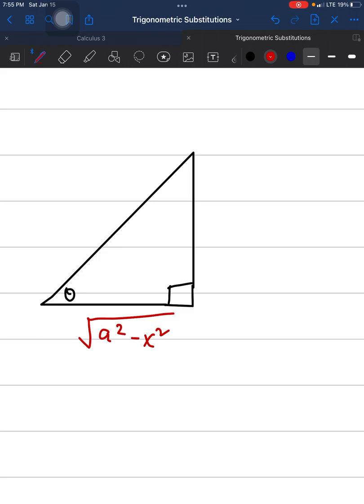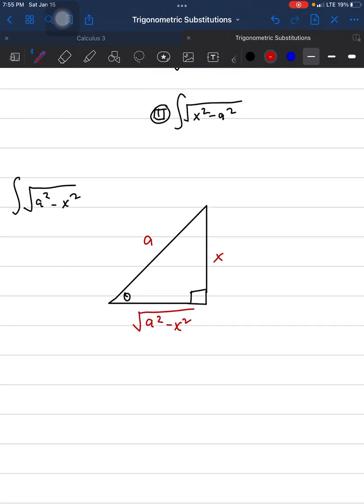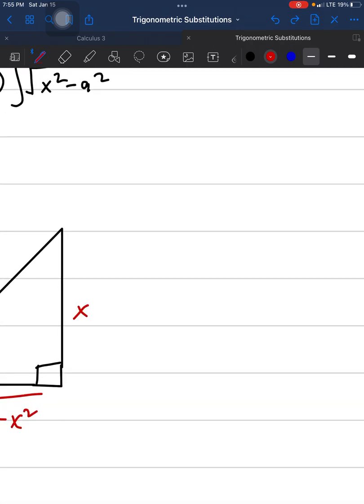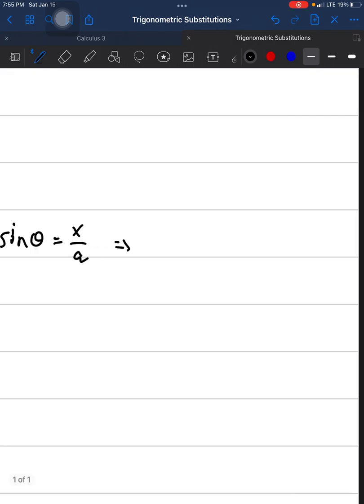In order to do that using this angle, the only way we can do that is using sine. So the x could be here and the a over here, and since we know sine of theta is simply opposite over hypotenuse, we can write sine theta is equal to x over a.